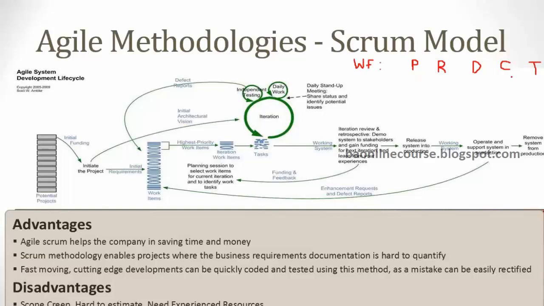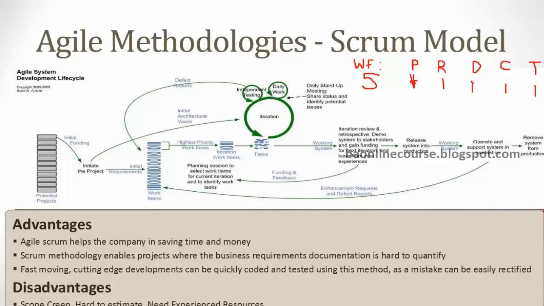Let's say each of these activities takes a month. So it would have taken 5 months in total. Right? So 1 month here, 1 month here, 1 month here, 1 month here. I'm just taking it for a hypothetical situation to bring out the advantages of the Scrum model, right?